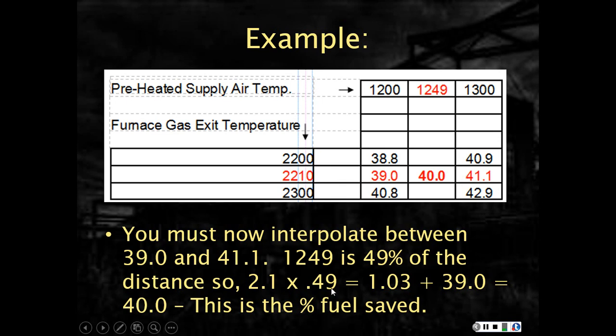I know I've moved 49% of that, so 0.49 times 2.1 is 1.03. I add that from my starting point, and I get exactly 40. This is my double interpolated percent fuel saved for the condition of preheat air 1249 and exhaust air gas of 2210.